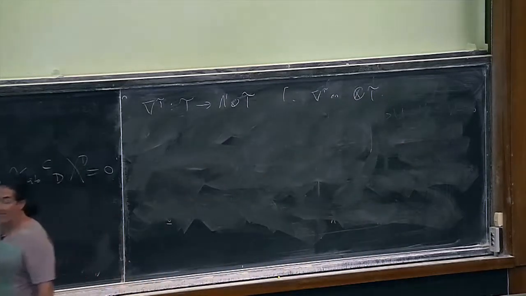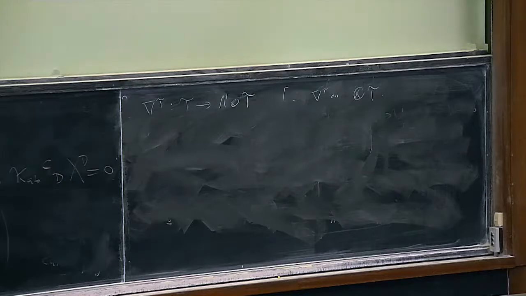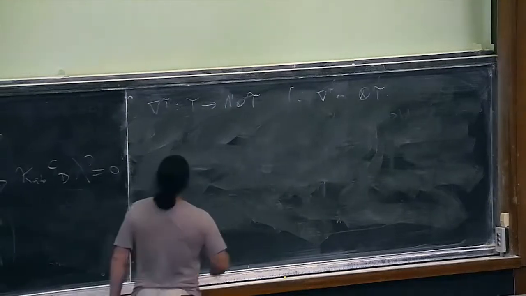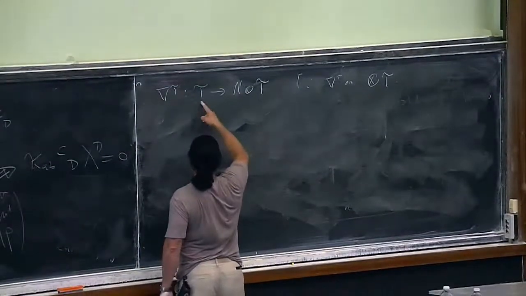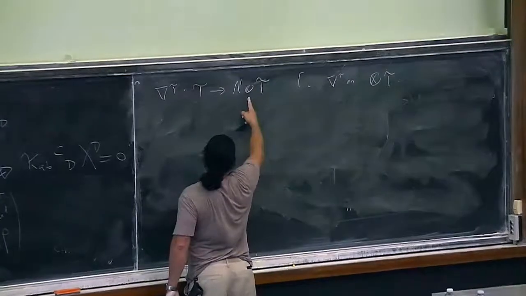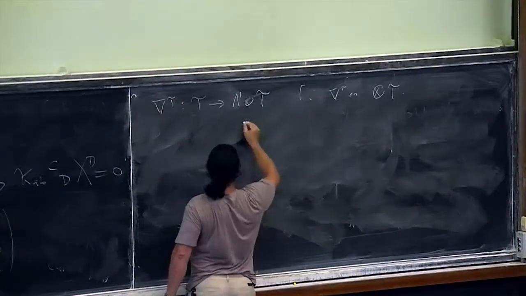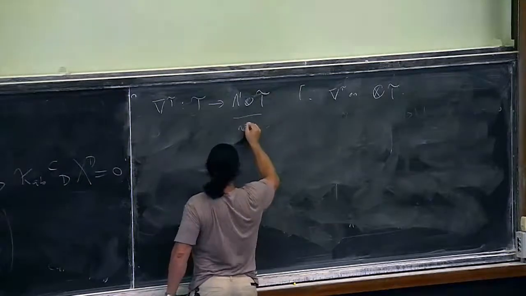So you get connections on all the obvious things made out of the tractor bundle. But if you start off with a tractor, you can differentiate it in a conformally invariant way. That's good. But now this is not a tractor, not a tractor bundle.